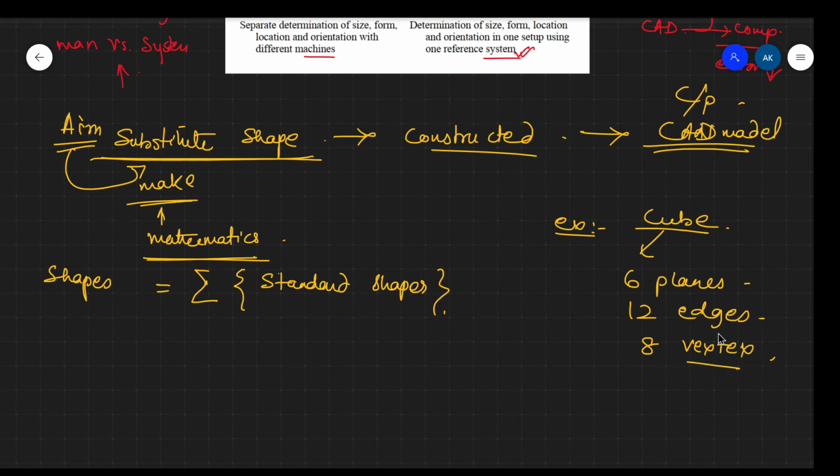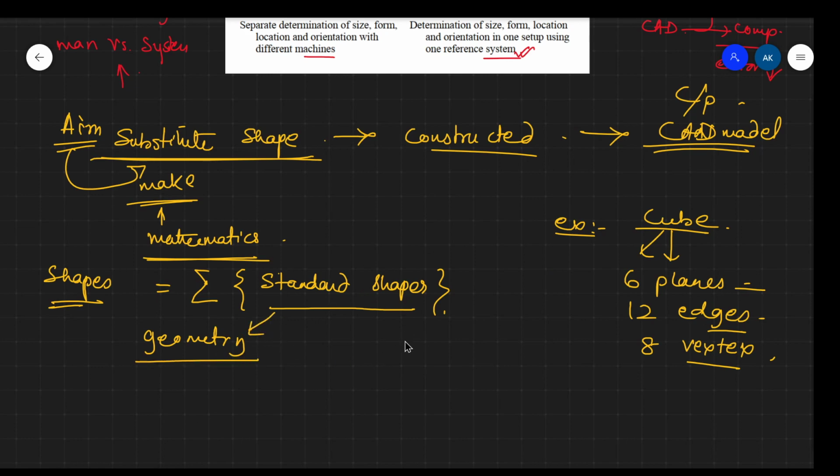So these are points, these are lines, these are planes. So you can break down this cube into so many things. Similarly, all shapes, whether substitute, nominal or anything, are broken down into standard shapes. So you should know what those standard shapes are. We also call them standard shapes or geometry.